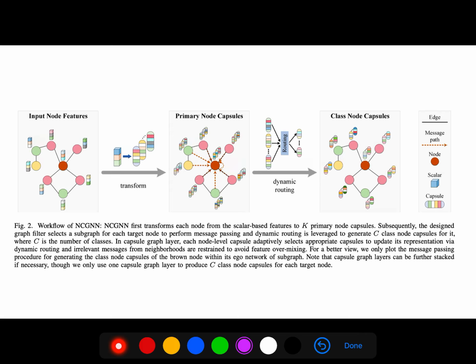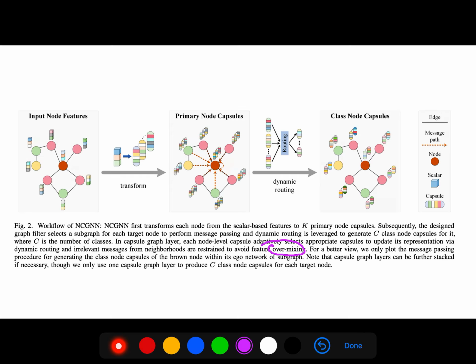In the capsule graph layer, each node-level capsule adaptively selects appropriate capsules to update its representation via dynamic routing, and irrelevant messages from neighborhoods are restrained to avoid feature over-mixing. We only plot the message passing procedure for generating class node capsules.